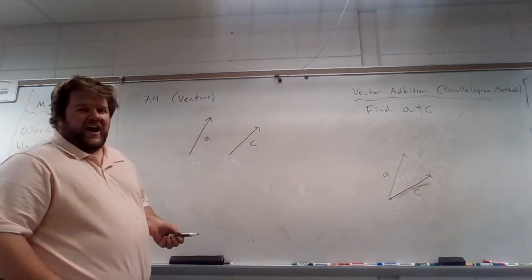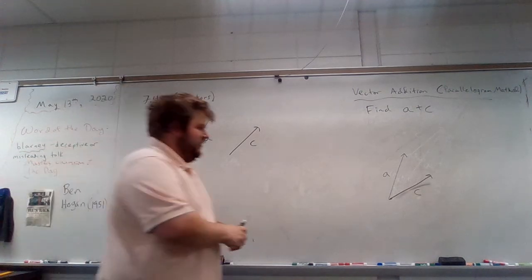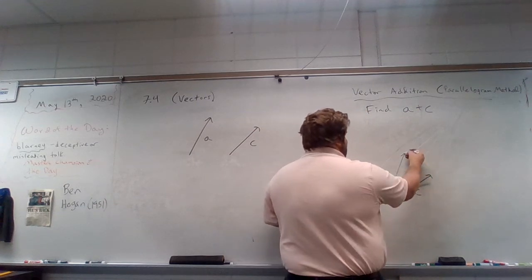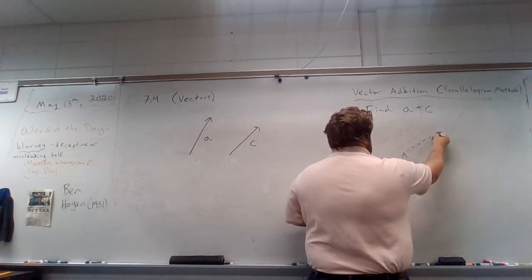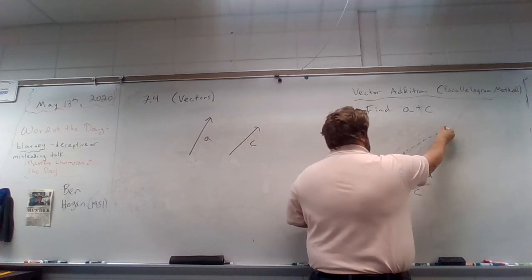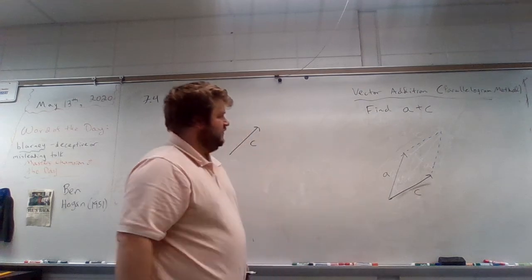And then in order to add those two, I kind of make a parallelogram out of this. So what I would do is I kind of mirror C. So there's C. There's a parallelogram, and mirror A. I kind of draw a little parallelogram.